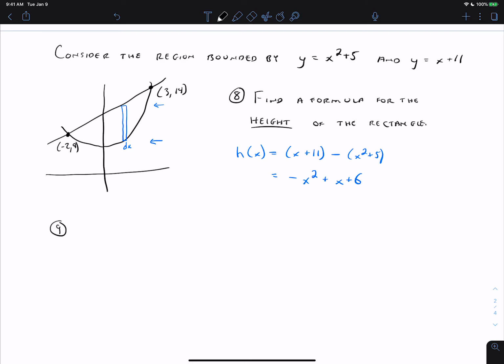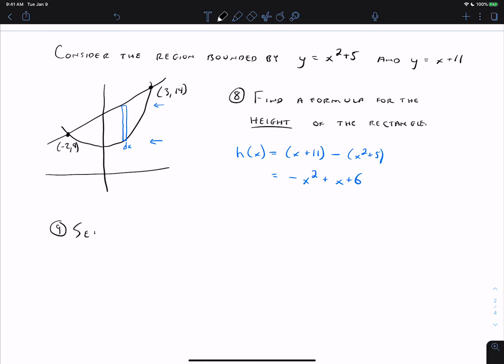The integral is the limit as the number of rectangles approaches infinity, which means that the width or the base of the rectangle, dx, or in some cases dy, approaches 0. So the number of rectangles approaches infinity, the base dx approaches 0. That gives you the definite integral, which we can think of as taking all of the rectangles in the region and adding them up. So what I want to do is calculate the area of the region.